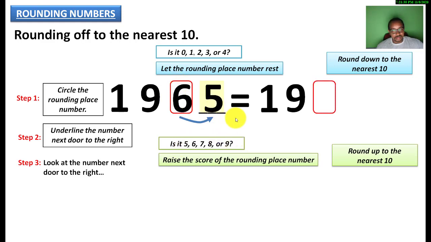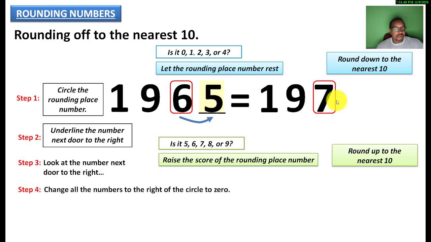Yes, 7. Then the next rule is all the numbers to the right of the circle change to a, what do you think this number will be? 0. 1,970. So rounding off 1,965 to the nearest 10 is 1,970.